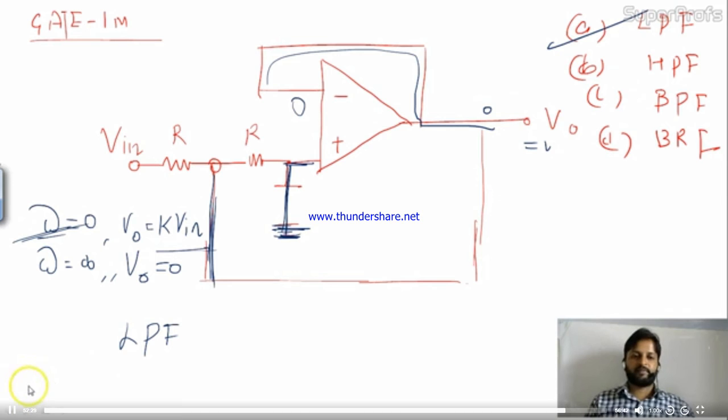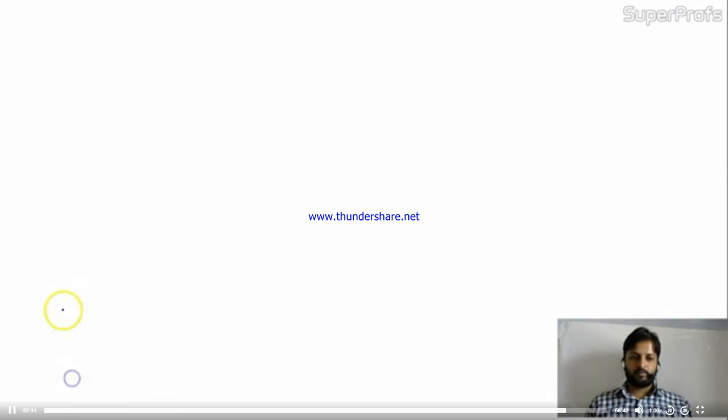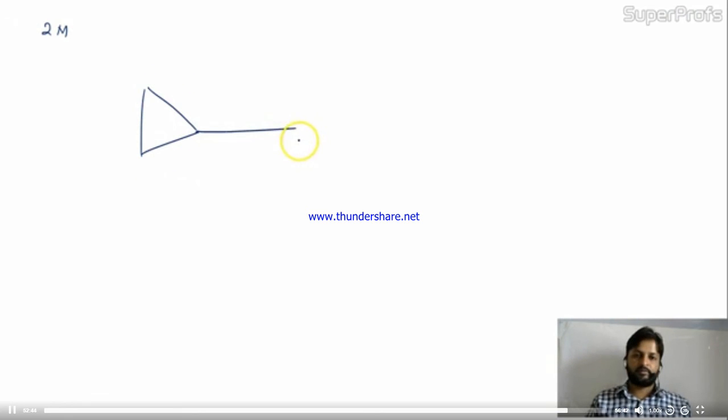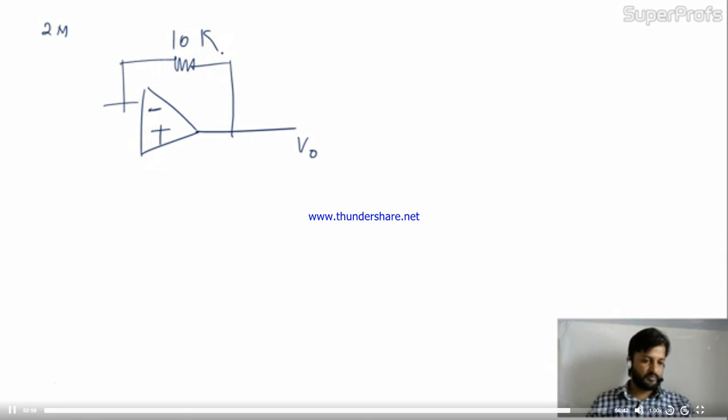Okay friends, now let me take another problem. It is a 2 marks problem. The circuit is V0, inverting terminal, non-inverting terminal. At inverting, we are connected with 10K, no problem.